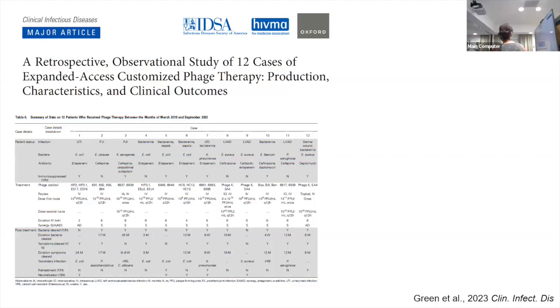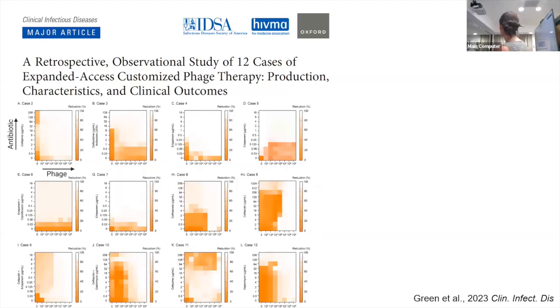The clinicians treated with the customized phage that we had, all via IV, but also in combination at the site of infection and IV. And more importantly, they were treated concomitantly with antibiotics. And so we produced these synograms, and we sent them out to the FDA for this expanded access approval.